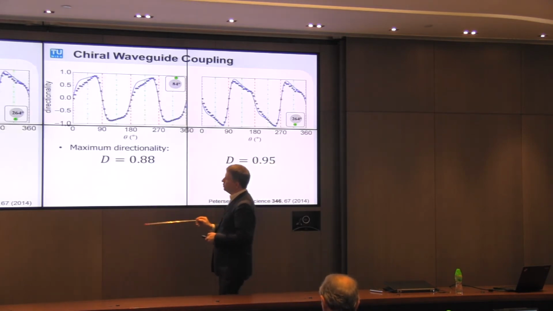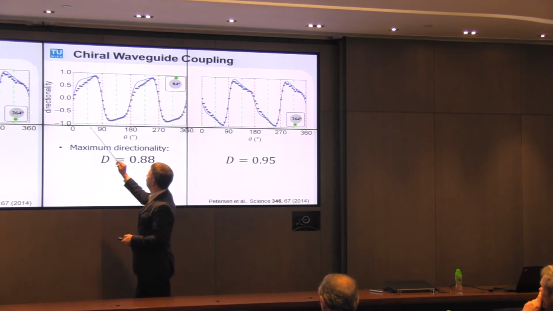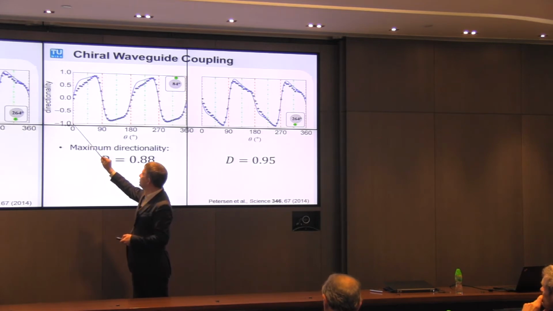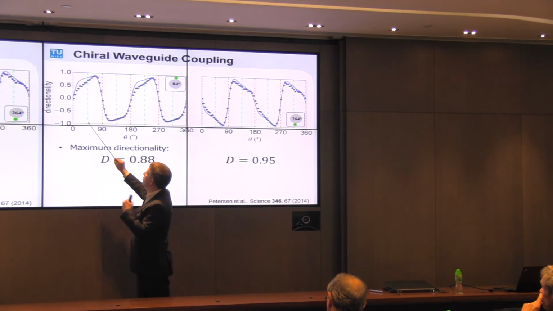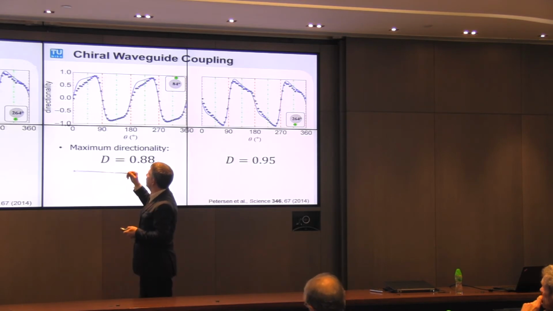So here I plot this directionality as a function of wave plate angle. So 0 means that I have linear polarization at the position of the emitter. If I go to 45 degrees, then behind the wave plate the light is circularly polarized. It's still slightly distorted because it also interacts with the nanofiber.